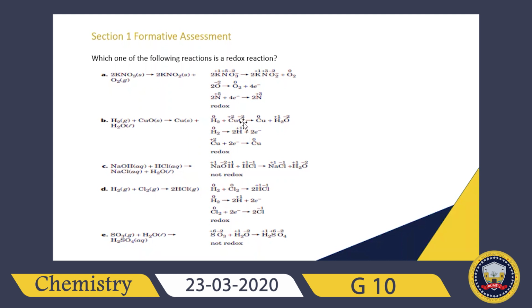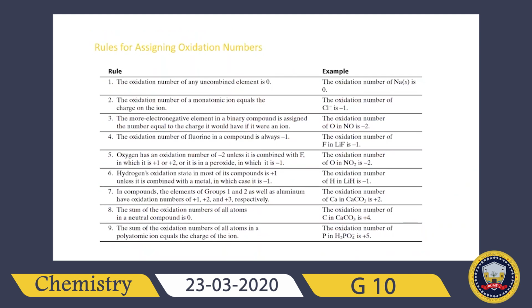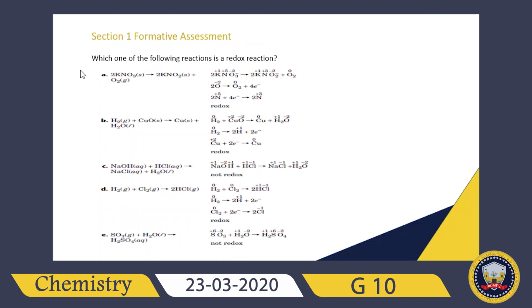So now what happened next? For copper, you remember the first rule in our table says that the oxidation number of any uncombined element is 0. So in this case, the oxidation number of copper, which is an uncombined element, should be equal to 0.